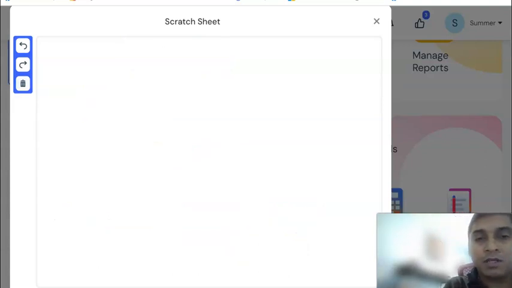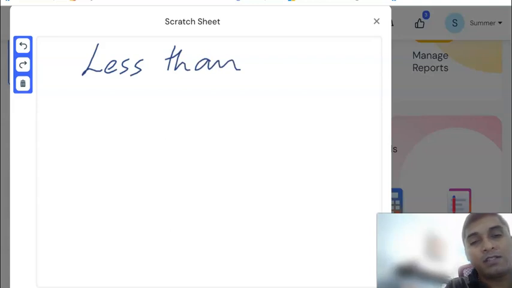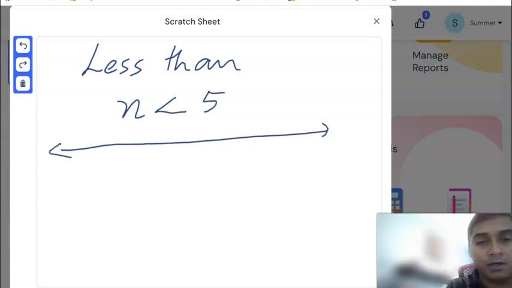Now the next one is, what if it's a less than symbol? Now when it is a less than symbol, all values less than 5. So how would you represent that on a graph? Let's think about 5, 6, 4.